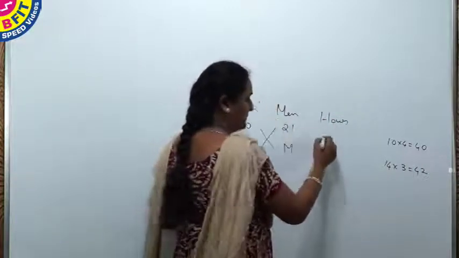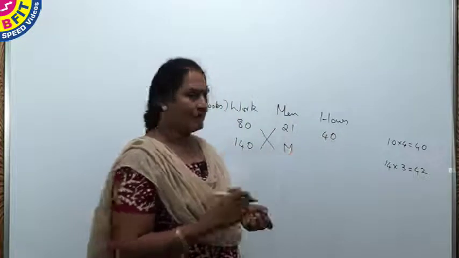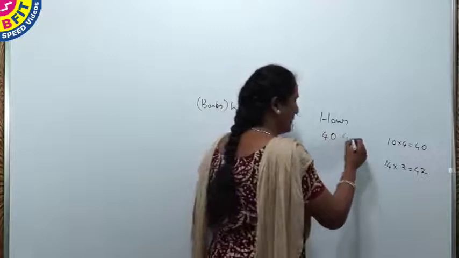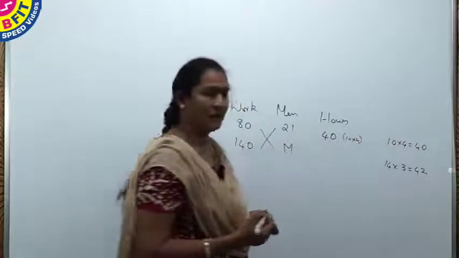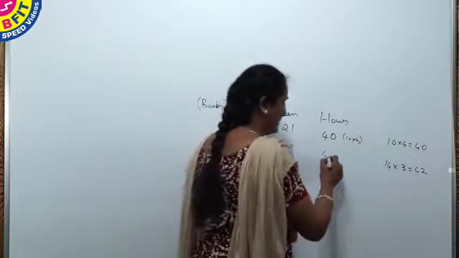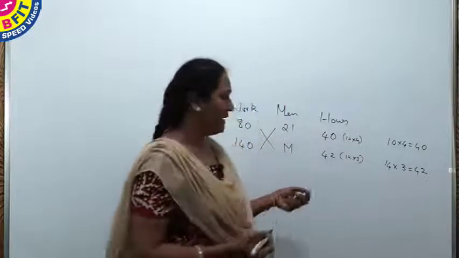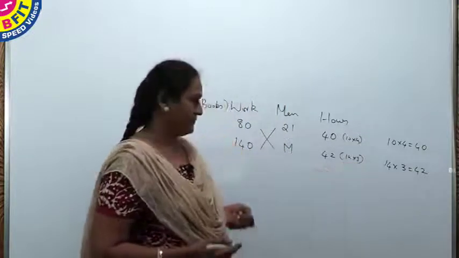So 10 days, 4 hours work is considered as 40 hours work, which is got by 10 into 4. And 14 days, 3 hours work is taken as 42 hours work, which is got by multiplying the number of days and hours.